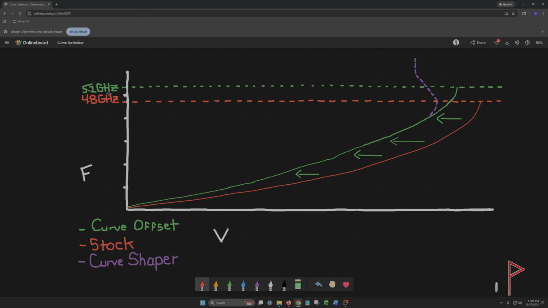Now, you don't tell it what to boost to. What you do is adjust the curve optimizer, or negative curve offset with curve optimizer, curve shaper, etc. And when you adjust the curve, say with a negative curve offset, what you're doing is decreasing the vCore. So you're decreasing the voltage level of the core to attain this boost.